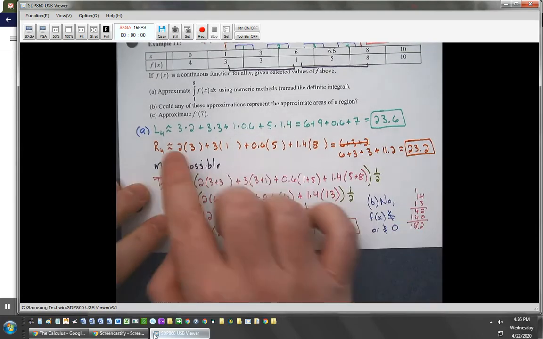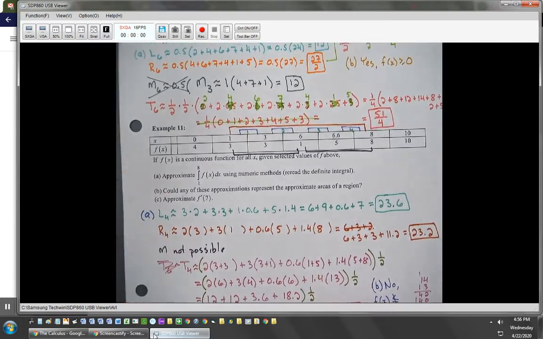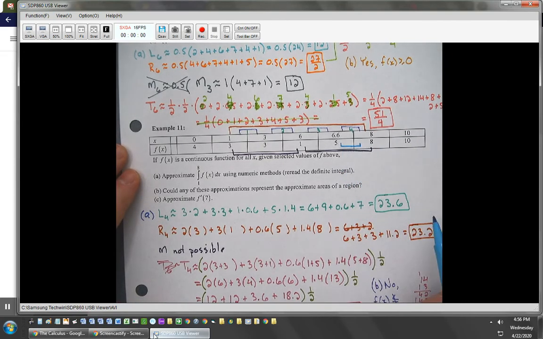And then the last one, approximate f prime of 7. So you only have one choice here, so I'll let you pause. Try it on your own. What's a good approximation of f prime of 7? All right, our hands are tied. We can only use these two.